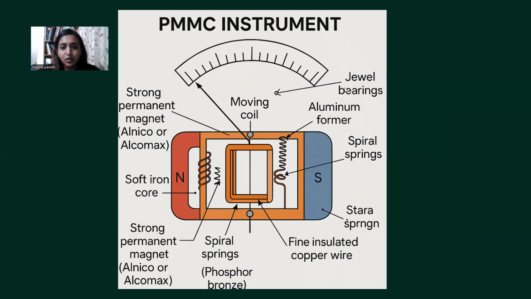Here we have used jewel bearings and here we have soft iron cores. The strong permanent magnet is made up of alnico or alcomax because of its high coercivity. Then there are spiral springs. So this is the simple diagram of the PMMC instrument.